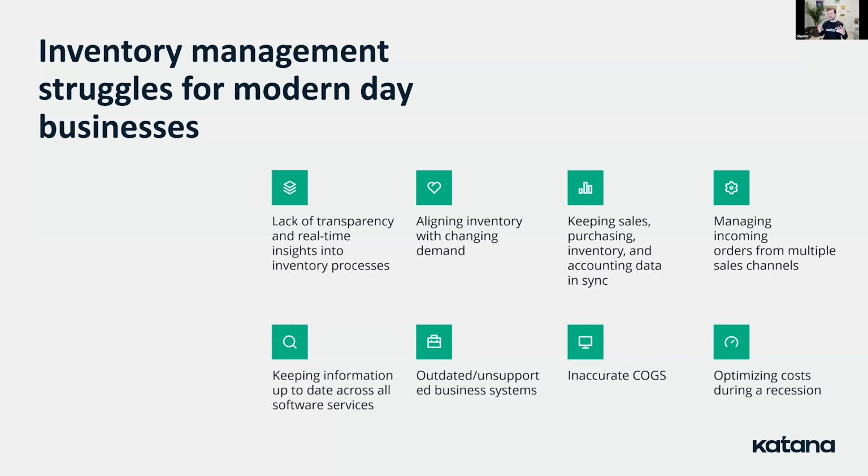So if you think about sales orders coming in from Shopify, at what point do you create demand for that finished product or even the raw material? If that doesn't happen in real time, the inventory you're showing available in other solutions that you might integrate with or sell on is going to be inaccurate. And so that leaves you open to overselling or not having enough inventory in stock to fulfill those orders. So that real-time nature of Katana really helps solve that challenge.